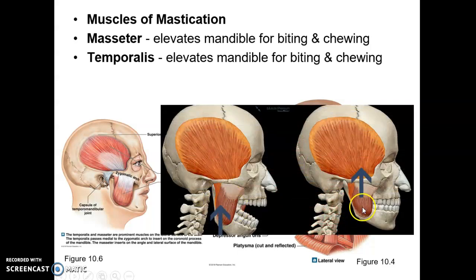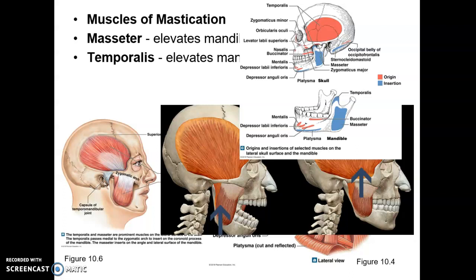Here's the masseter in action, elevating the mandible, and then temporalis works the same way. Oh, and this is just showing you, excuse me, where's my cursor? Origins and insertions. Origin of the temporalis. Insertion. It's going to be right there.